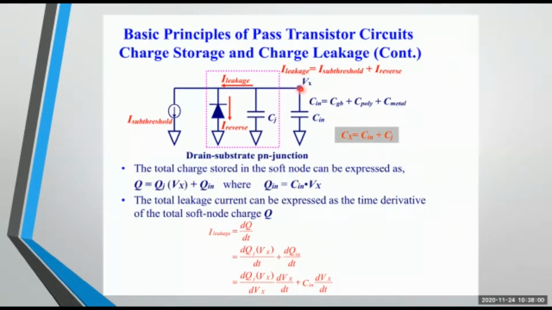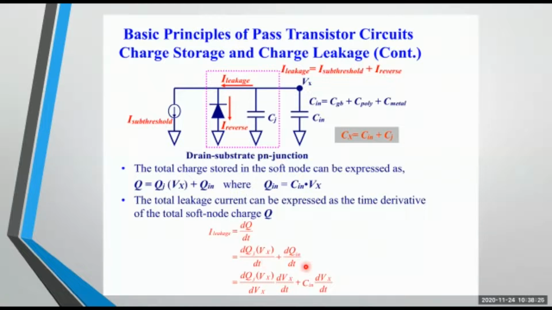In terms of node X, I leakage equal to dQ by dt, which is the basic definition of a current. What is Q here? Q is the complete charge at the junction, that is at the point of Vx, and also at the input of that particular signal. So ultimately I can write it as this particular formula.